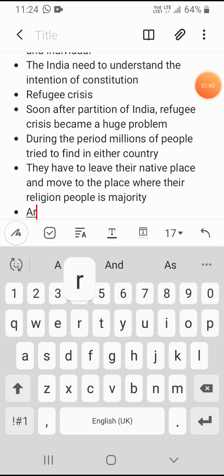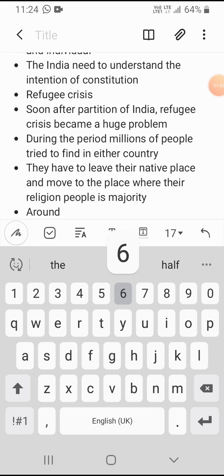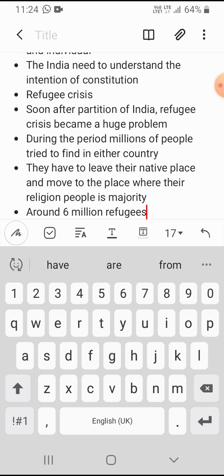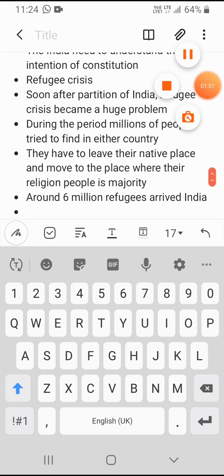Around 6 million refugees arrived in India afterwards.